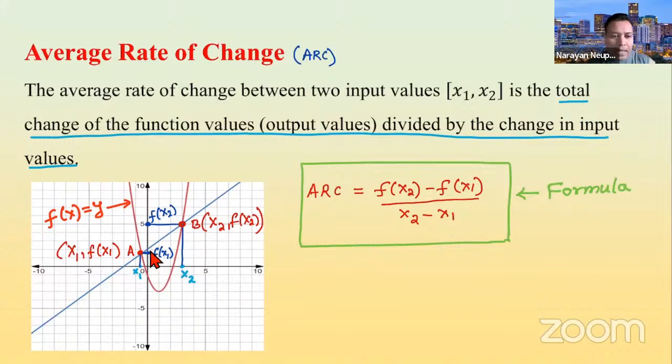The numerator is going from here to here, that is the rise. The denominator x2 minus x1 is the run. So average rate of change is similar to rise over run. That means it will give you the slope. Slope of what? Slope of this line here in blue. This line is called the secant line.